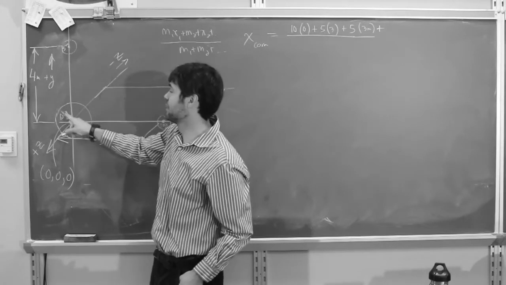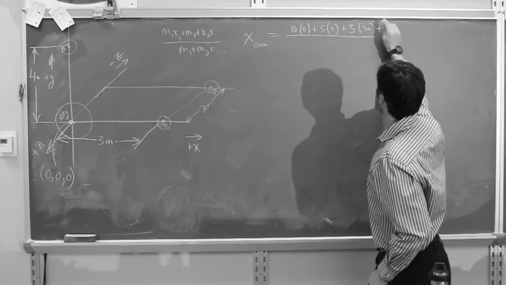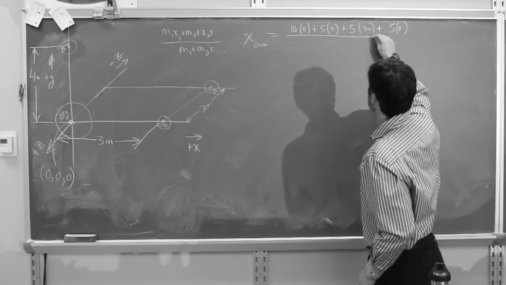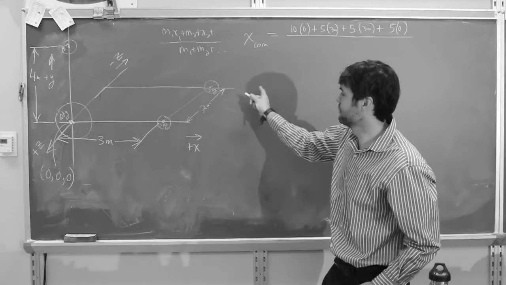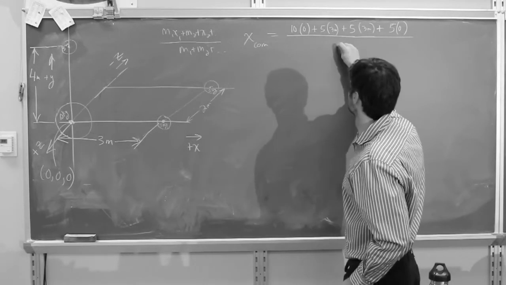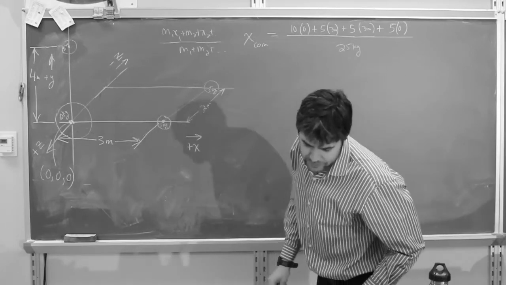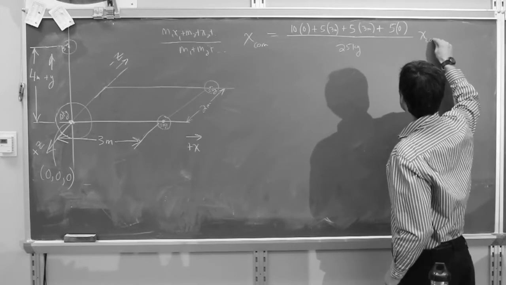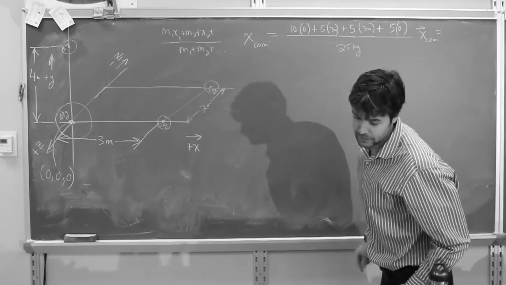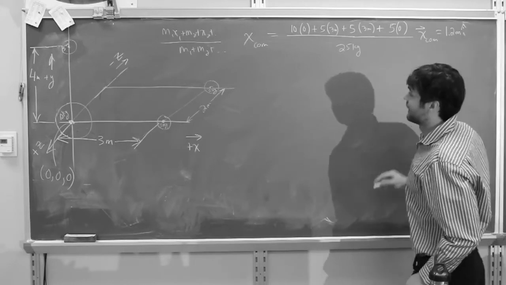It's above this, but in the x direction, it's at 0. So that's 5 times 0. And then what's the mass of the entire system? 5, 10, 15. It's going to be 25 kilograms. And I did the math here. X-com is a vector, and that's 1.2 meters i-hat.